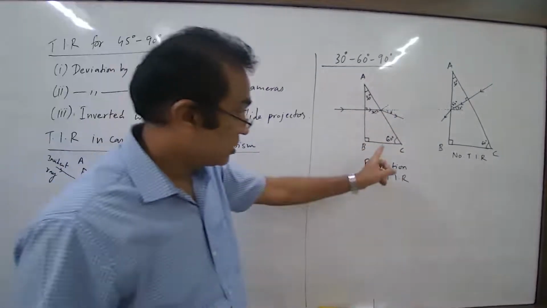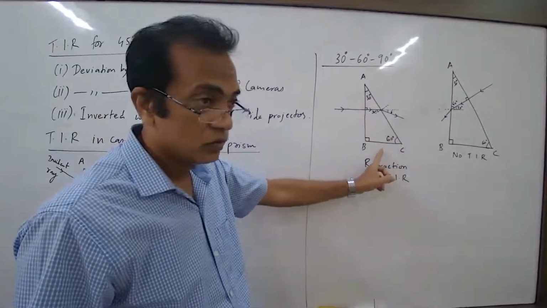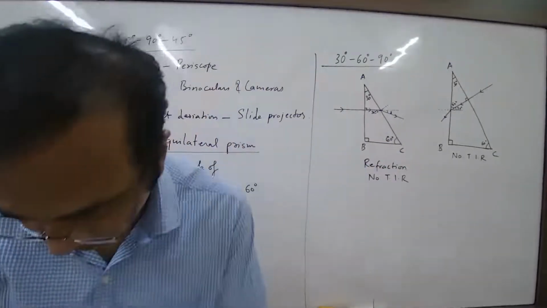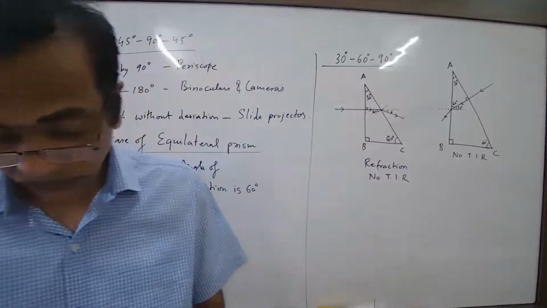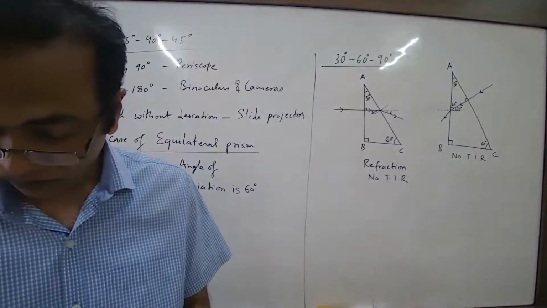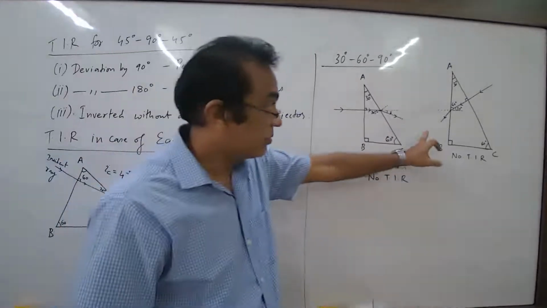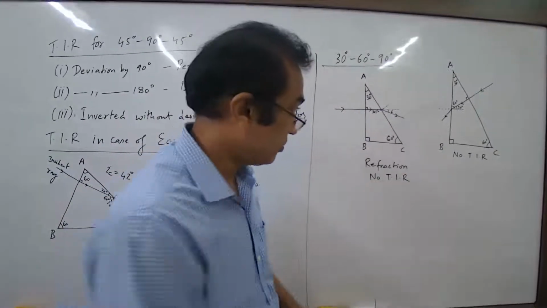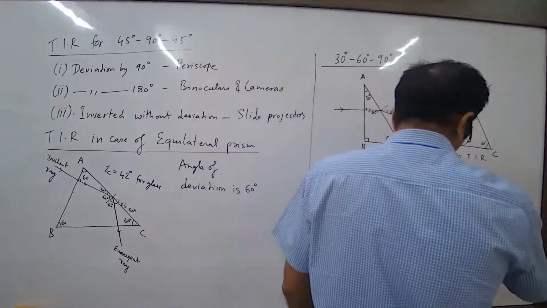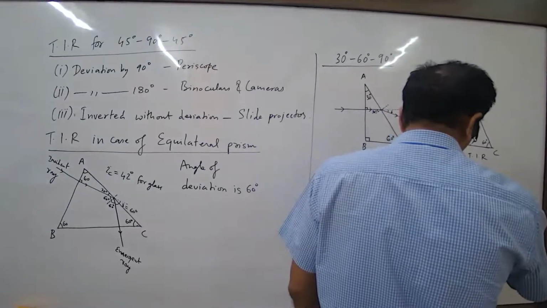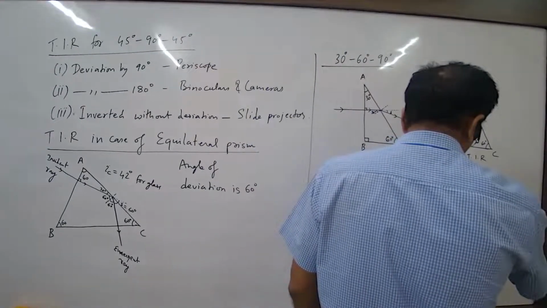Now let's see what happens if it is incident normally on the smaller face. Right? See the first diagram. So what is happening now? Okay. So there is an exception for this. What is the exception?